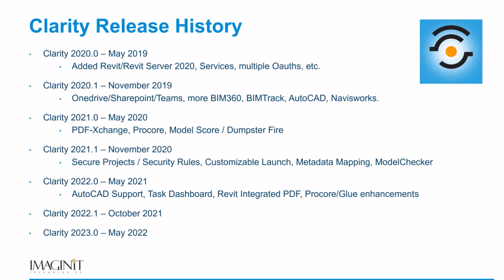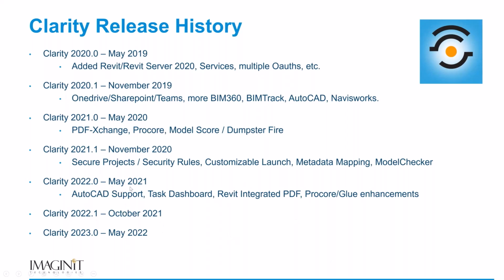So we very much encourage you to continue to send your ideas and feedback, whether it's directly to us, through the support center, or via the imaginit.helprace.com portal. We look at all of those kinds of data as we decide what to do in each new release, and we're already planning and working on our spring release for Clarity 2024.